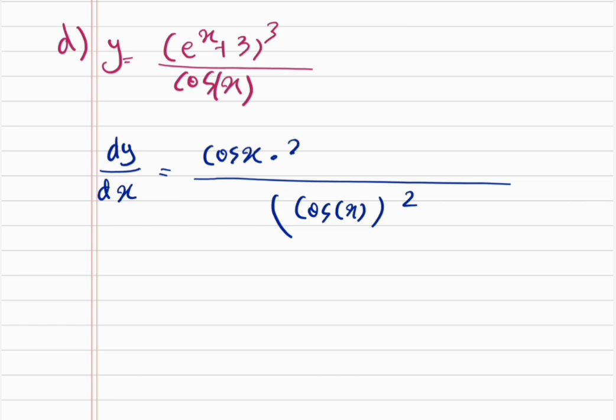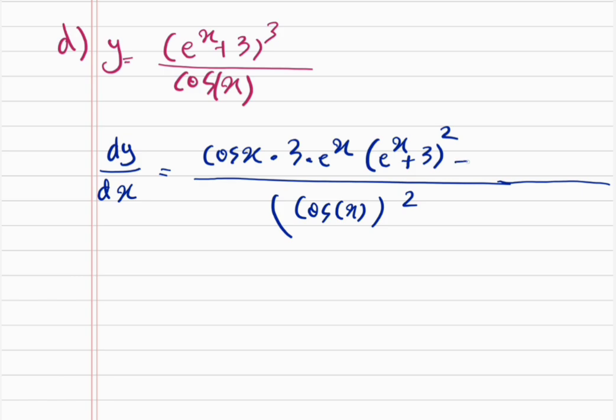So 3 comes down from the chain rule, and the derivative of the inside, e to the x plus 3, just differentiates to e to the x. So it's e to the x times the bracket, but with power minus 1, which is 2. Again, I have videos on chain rule, and I have many examples, so you can check them out if you feel like you need some revision.